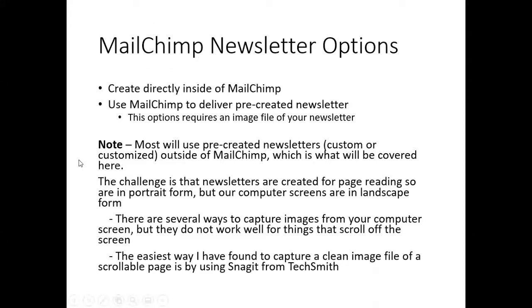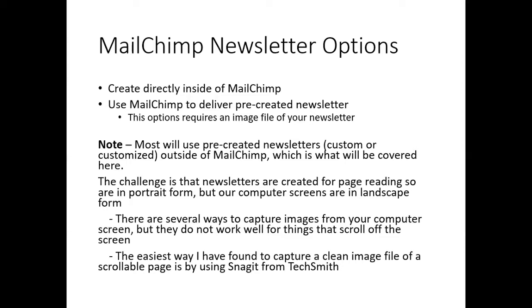Okay, so for MailChimp, your newsletter options, as I mentioned previously, is you can create directly inside of MailChimp, which is a great feature. They've got tons and tons of different formats, so you can be as creative as you like to really present your own brand and personalize a newsletter to your liking.